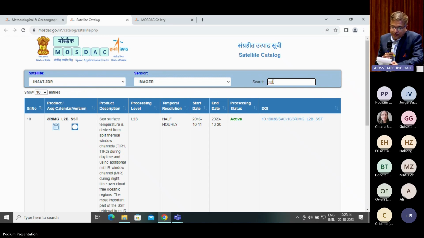And the last thing, which is not specifically related to this: when we look at the utilization from our data centers, the maximum of the SST user products now being downloaded, which is a bulk download, comes from somebody who is trying to do an AI based application. So what they need is a huge amount of data in order to make their model run.